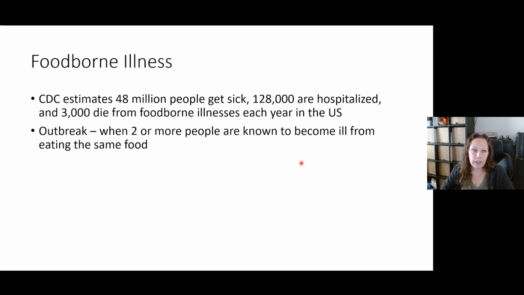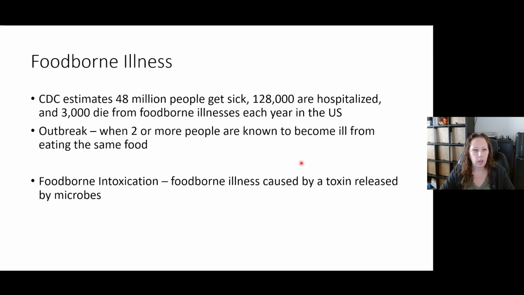So an outbreak is when 2 or more people are known to become ill from eating the same food. Okay, so as long as 2 people get sick, it's called an outbreak. And then we're going to divide foodborne illnesses into 2 types of illness. One is a foodborne intoxication, and this is when a toxin released by the microbes is what makes you sick.